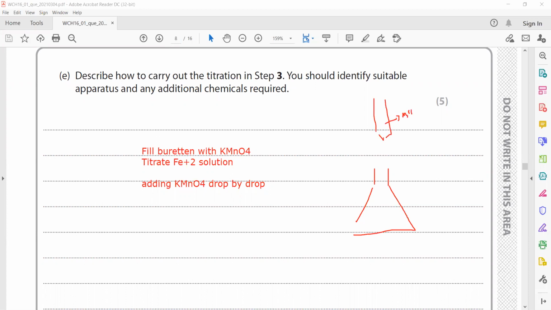But the moment it reacts with iron(II), it turns into Mn2. Iron(II) oxidizes to iron(III), and Mn7 turns into Mn2, so it will remain colorless. Once all of the iron is oxidized, there is no more reaction. So Mn7 will be there in the solution, and the solution will turn pink.